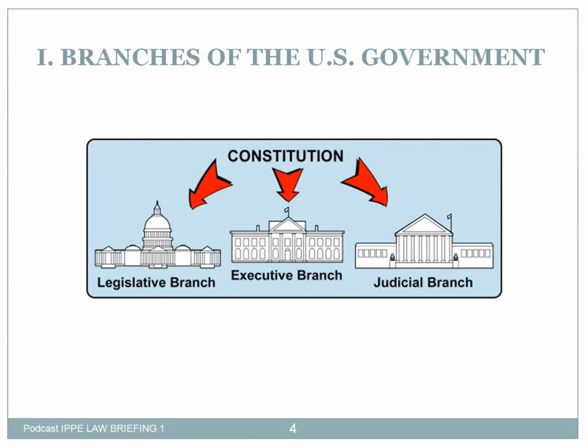Well, essentially there are 3 branches of government. Yep, it's as basic as that. The branches of government are the judicial branch, the legislative branch, and the executive branch.